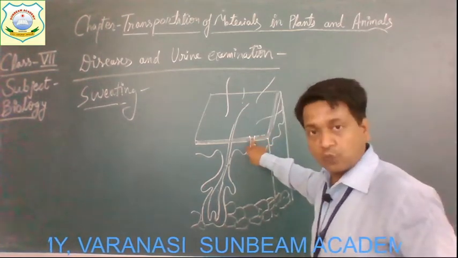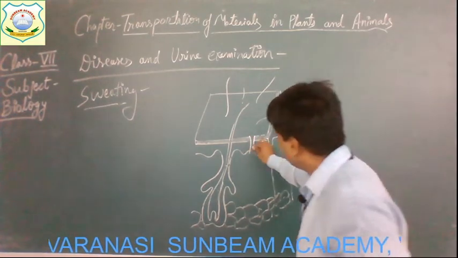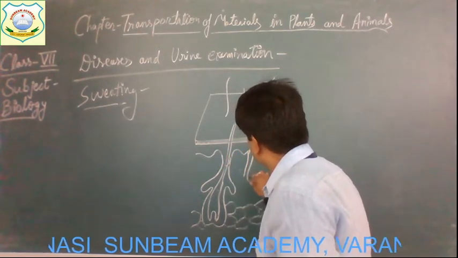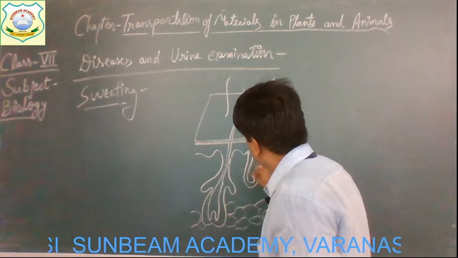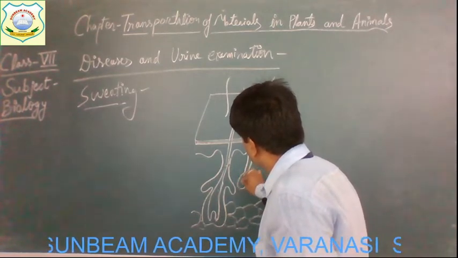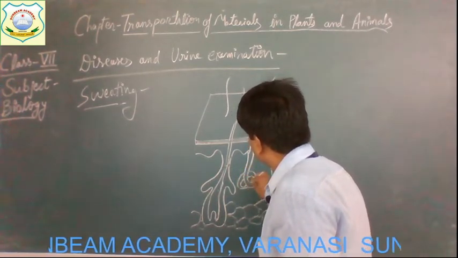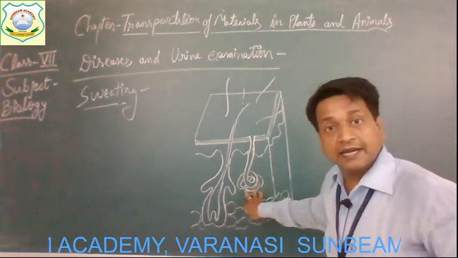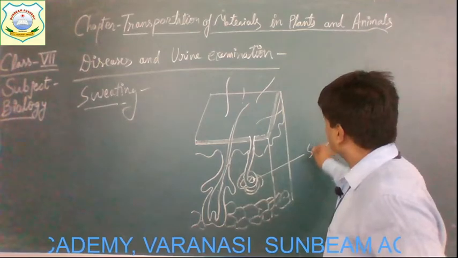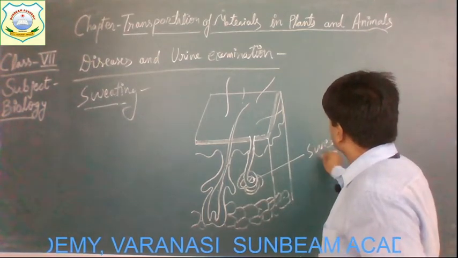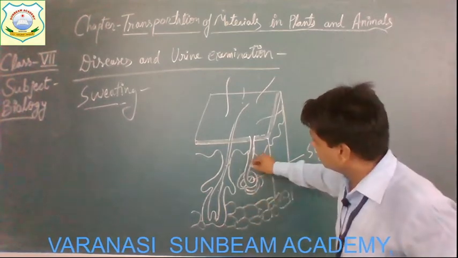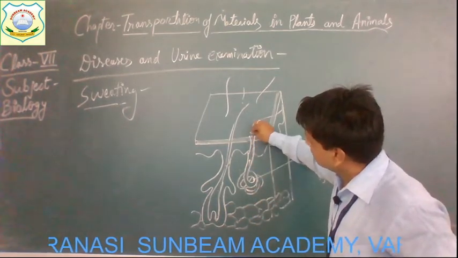the narrow opening present on the skin, and this narrow opening is going to form the gland. So this one is the sweat gland through which the sweat is going to be removed.